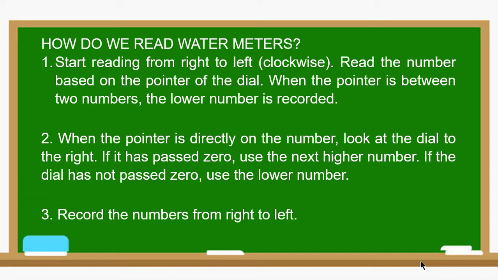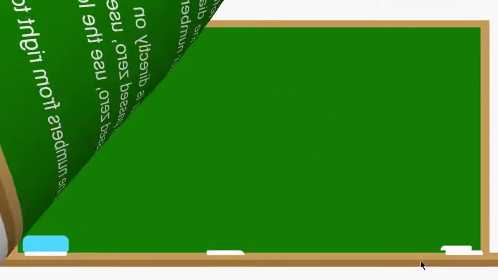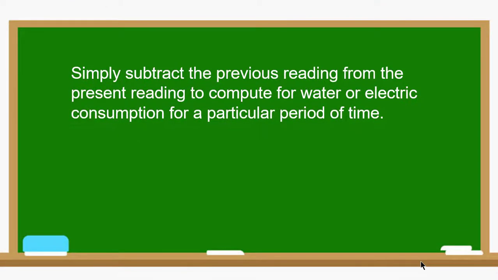If the dial has not passed 0, use the lower number. Number 3. Record the number from right to left. Simply subtract the previous reading from the present reading to compute for water or electric consumption for a particular period of time.